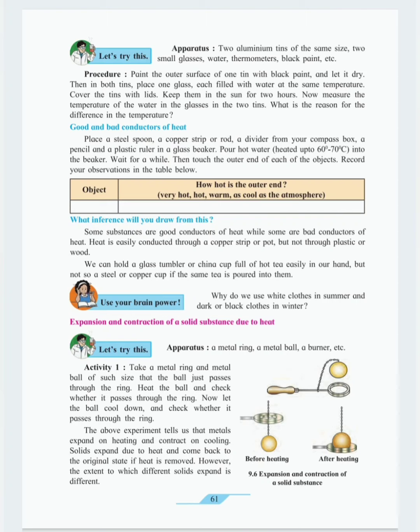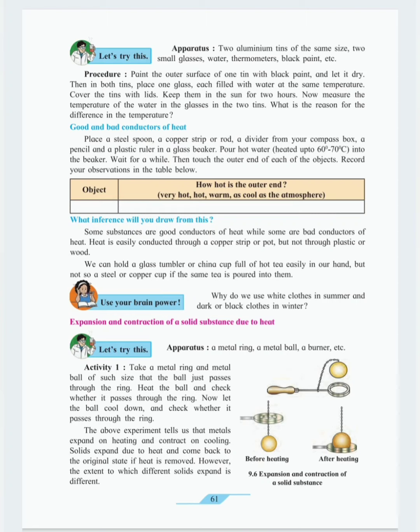On the other hand, you take the same ball and heat it on the burner. Heat it for a while, for 2 or 3 minutes, and let the ball get heated. After the ball is heated very well, try to pass the same ball through that ring. We observe that the ball does not pass through the ring. Why does it happen?